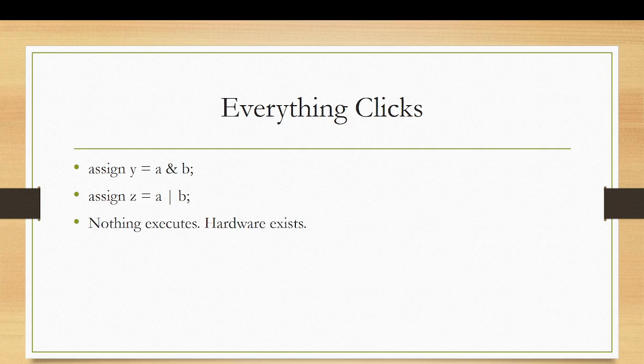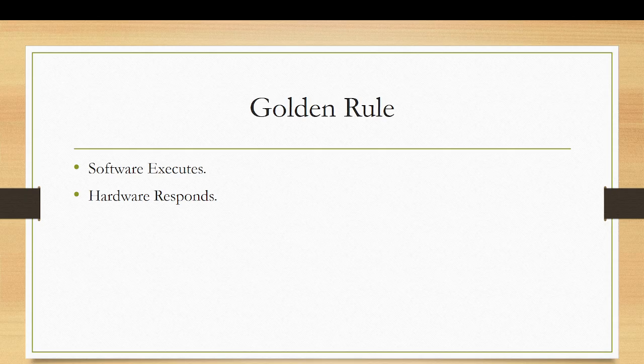Let's revisit our code one final time. assign y = a & b, assign z = a | b. Earlier this looked like software. Now you know the truth. Nothing executes, nothing waits. Both circuits exist, both respond, both operate simultaneously. That's hardware thinking. If you remember one thing from today's lecture, remember this.